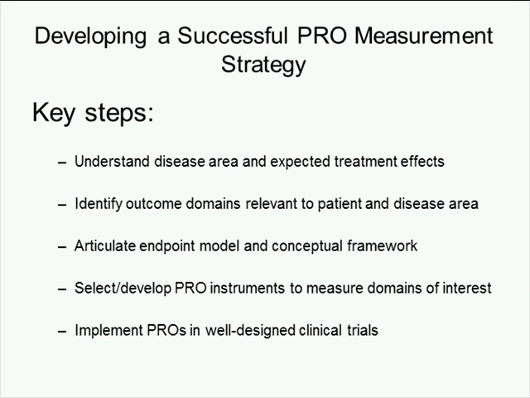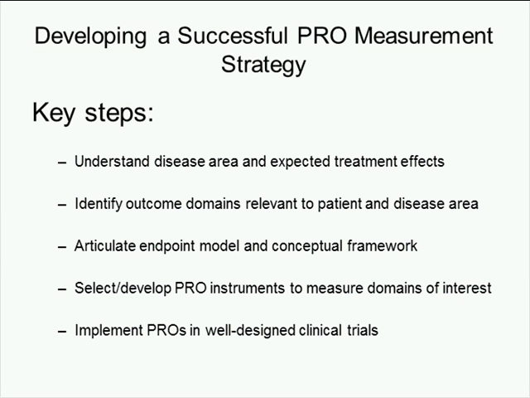So the key steps when you're developing a successful measurement strategy are first to understand the disease itself and the expected treatment effects. That is, what's the environment, the treatment environment that you're dealing with. The second is to identify outcome domains that are relevant to patients and to this disease area, which symptoms are important, which functional abilities are important, et cetera.